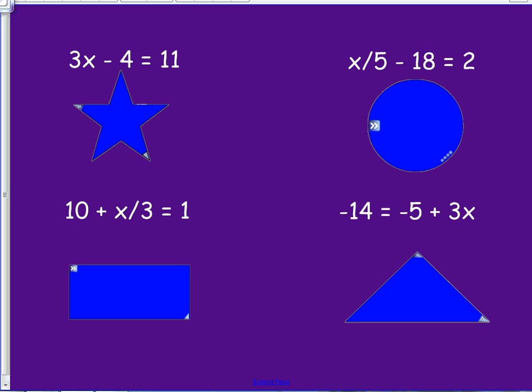All right, so here are some more examples of how to do this. One that I'm definitely going to have you pay attention to is this circle question right here. So we have x over 5 minus 18 equals 2. The first step is to add, because the inverse of subtracting 18 is to add it.